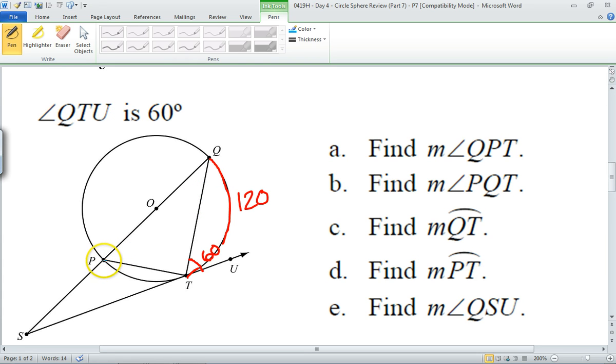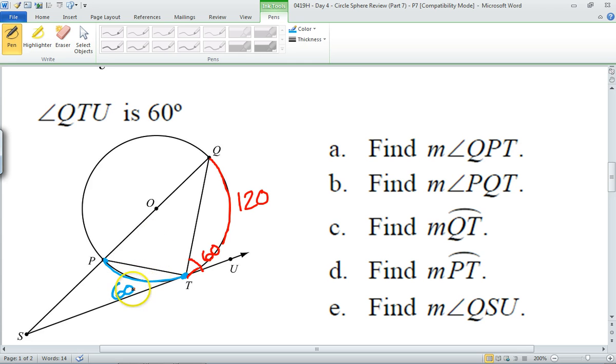For example, knowing what the blue arc is, you guys usually don't have a problem with that. Who can tell me, blurt out what the blue arc is? Somebody said it. 60. Braxton said 60. Why? 120 plus 60 is 180.